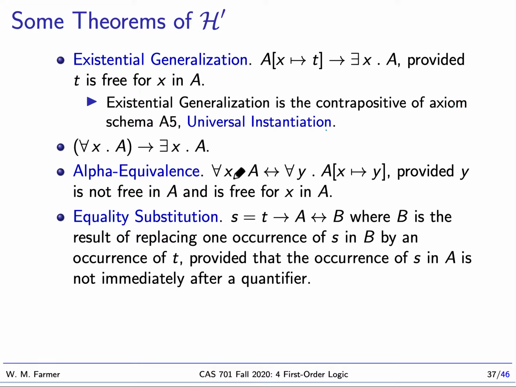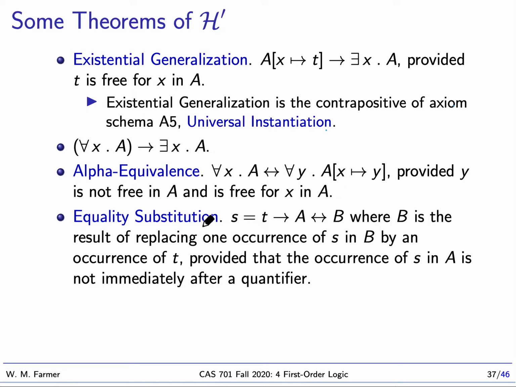I can rename it to something else, let's say y, provided y is not free in A, and y is free for x in A. In other words, what people sometimes say, I can swap out x and replace it with another variable y as long as that y has not really been used in any way in my formula already.